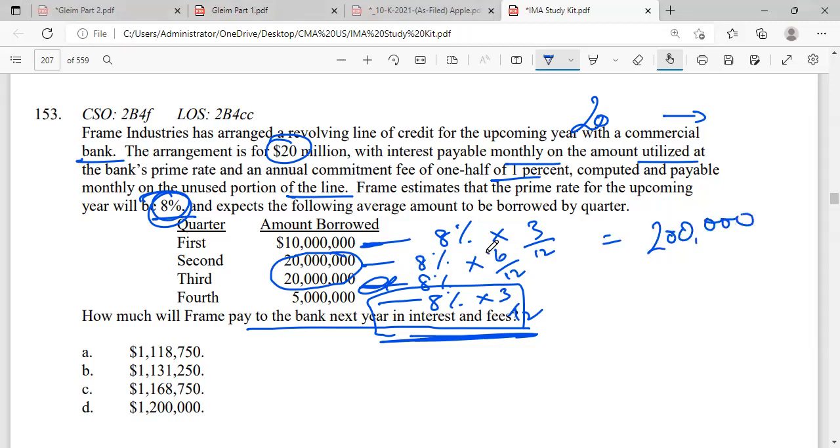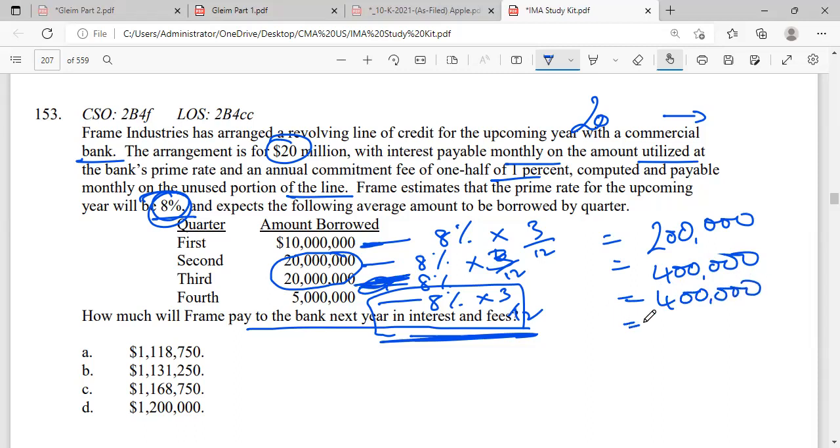And even this is again 3/12 only. 20 million into 8% into 3/12 is equals to 400,000. And this one also is going to be 400,000 again.